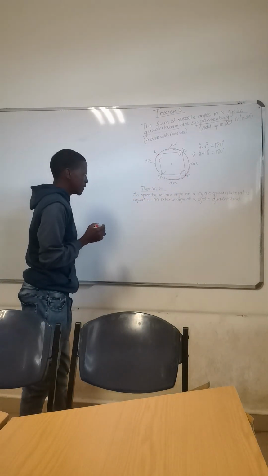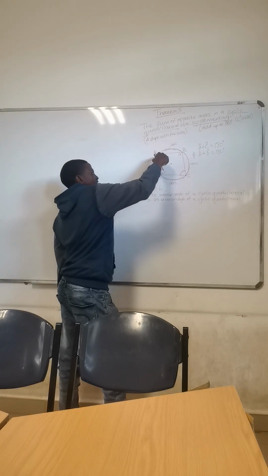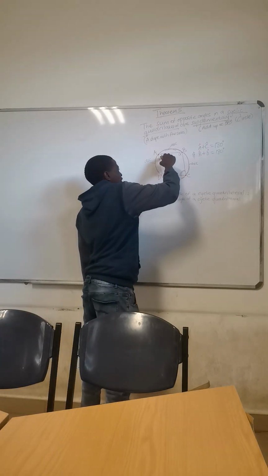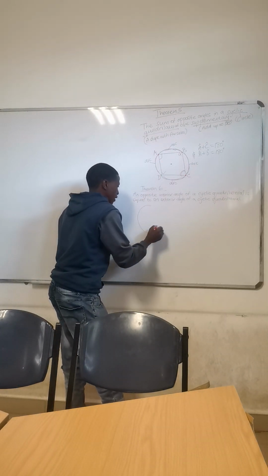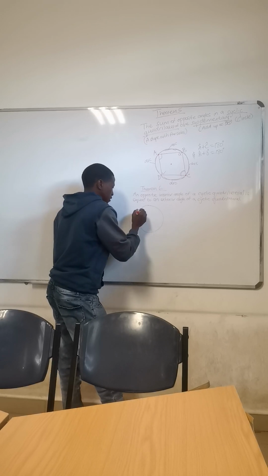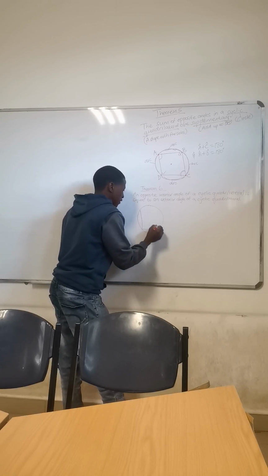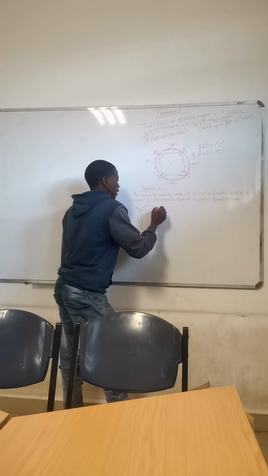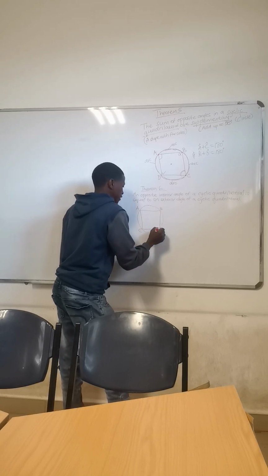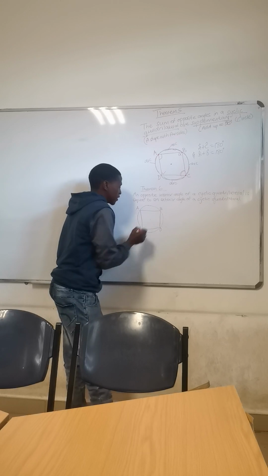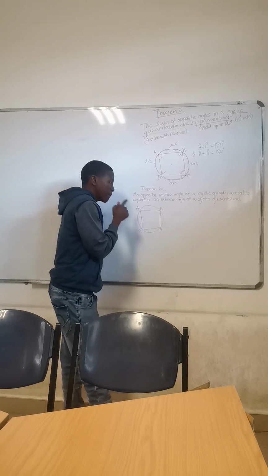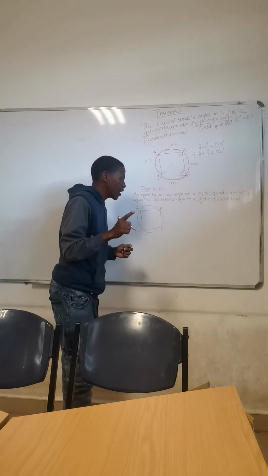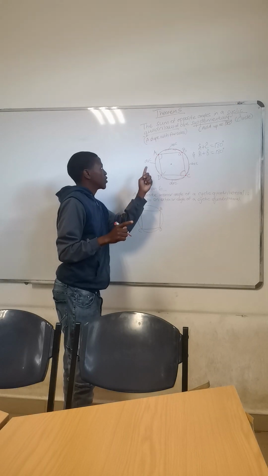So what do we mean by this? All these angles are interior. These are interior angles. And then here I have a circle, here I have a quadrilateral. We have A, we have B, we have C, we have D. Let me prove this using Theorem 5.